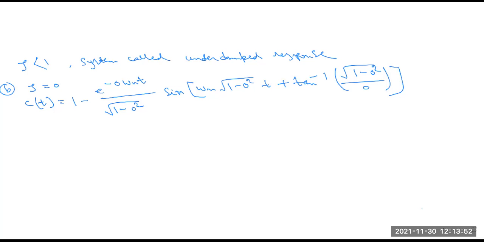So what is the output? The output is coming in that pattern. Here you can see, it increases, then decreases, then increases, then again decreases.